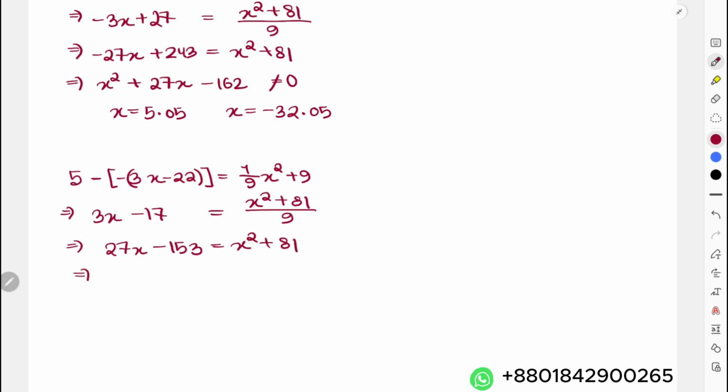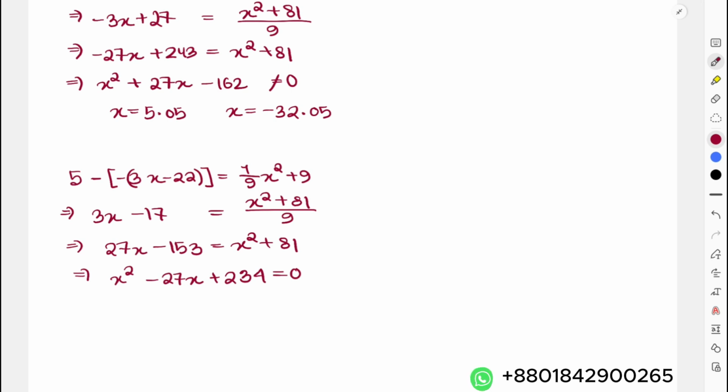So you get x squared minus 27x, and 81 plus 153 is actually 234 equals 0, and you can now write 1, minus 27, 234. This one gives you a negative i.